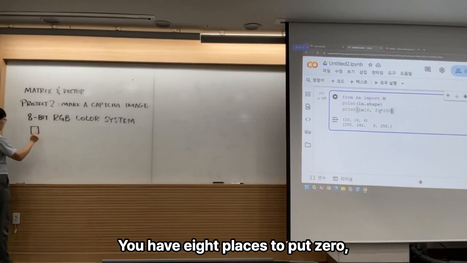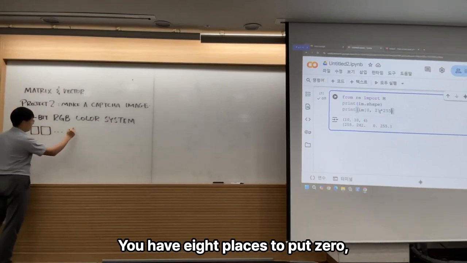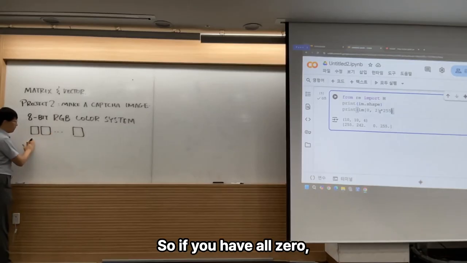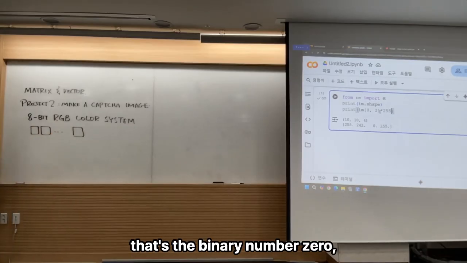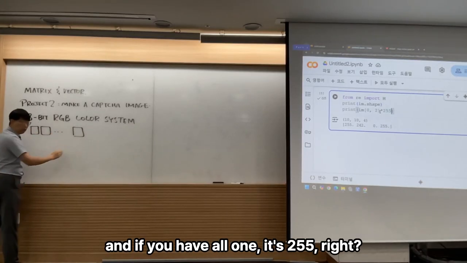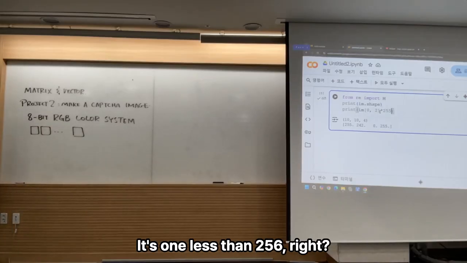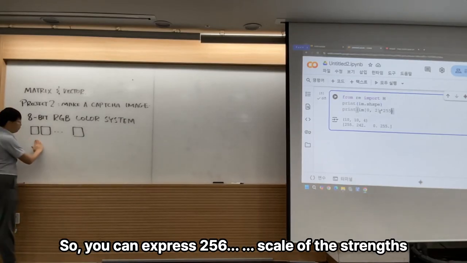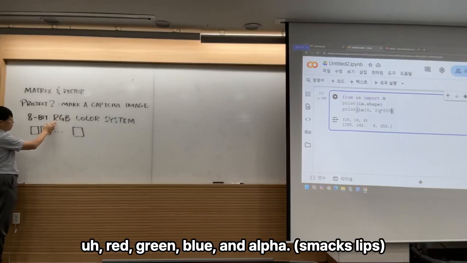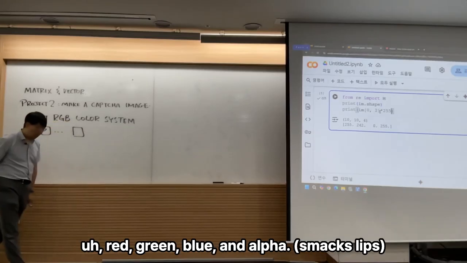You have 8 places to put either 0 or 1. If you have all 0, that's the binary number 0. And if you have all 1, it's 255. Right? It's 1 less than 256, right? So you can express a 256 scale of the strengths of each color: red, green, blue, and alpha.